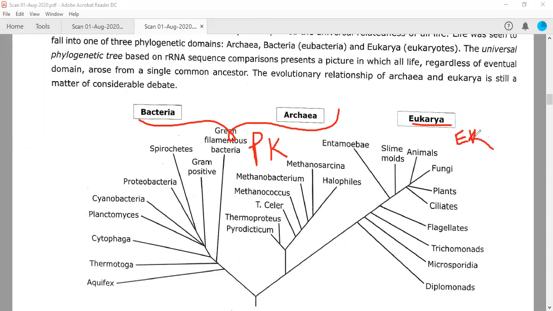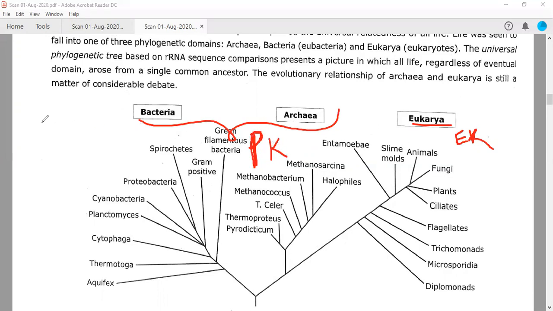So they have compartmentalization within the cells and also a defined nucleus. Therefore, they are called eukaryotes, whereas the bacteria and archaea do not have a defined nucleus. There are some exceptions also, which I will tell you, but mostly prokaryotes do not have a membrane-bound nucleus. Therefore, they come under prokaryotes.